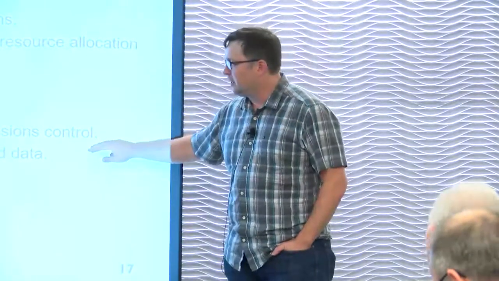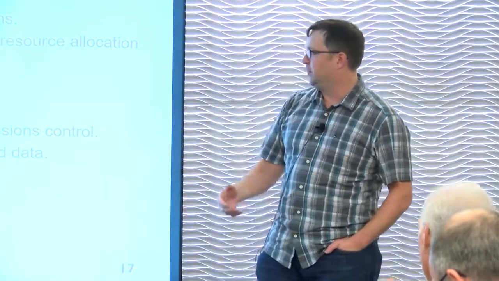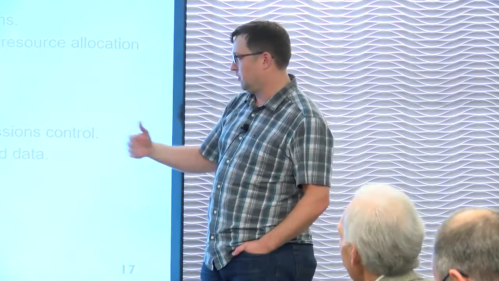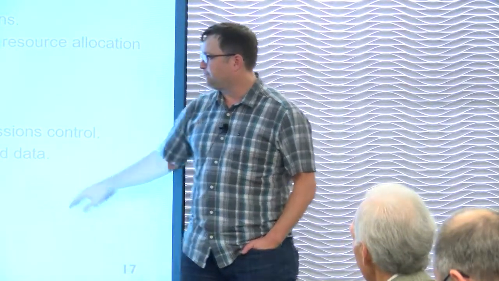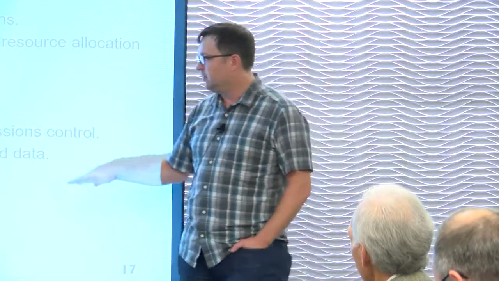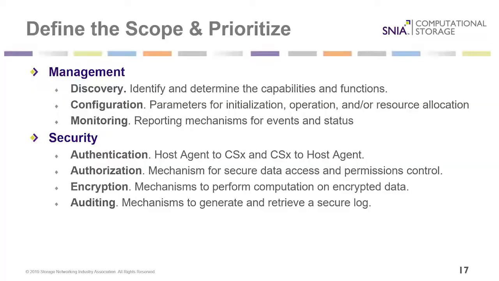We're looking at mechanisms for authorization just to make sure that this entity is actually allowed to do that work or not. Encryption, to make sure that we're able to encrypt the data that's down there. And then also auditing. Again, the whole idea of being able to track what's being done, we need to be able to get that information back out to the host.